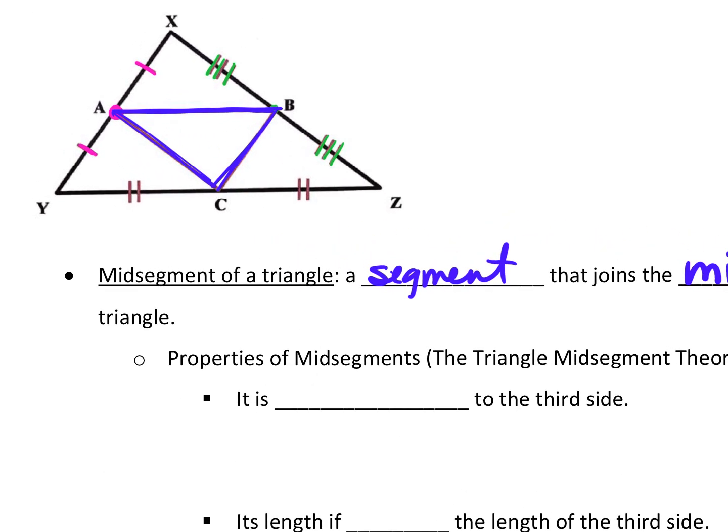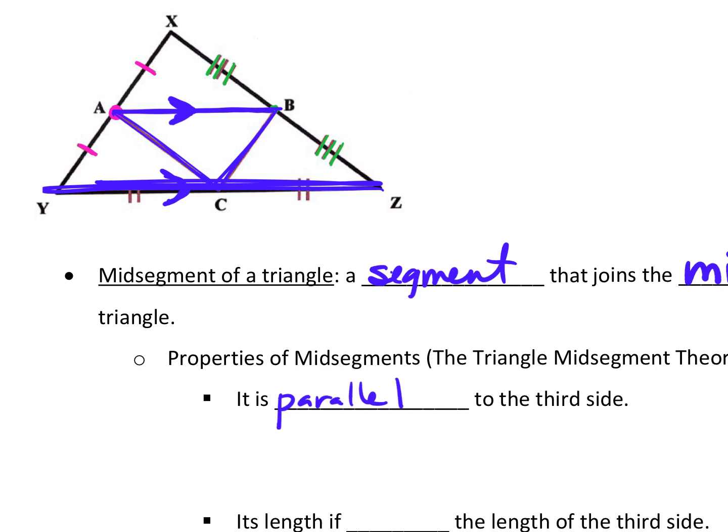One thing I want you to notice here is when this happens, this mid-segment AB is parallel to the other side of the triangle. Okay, so that's the first thing. It is parallel to the third side every time.